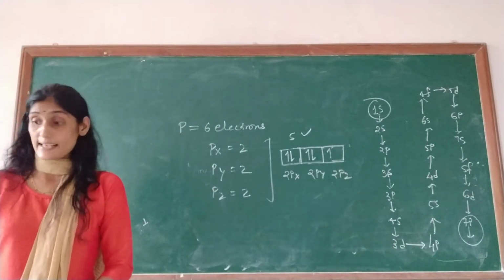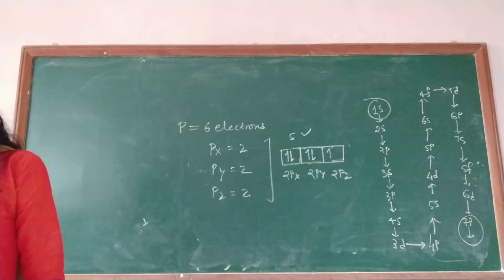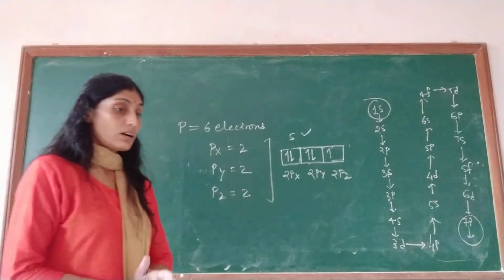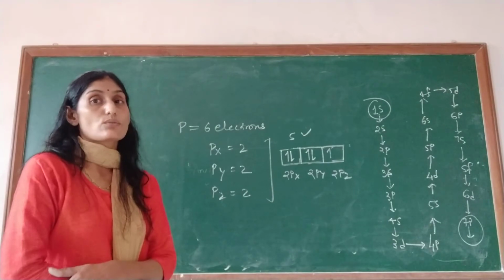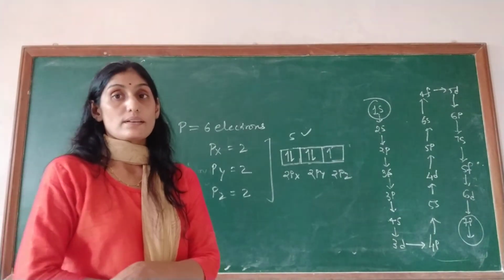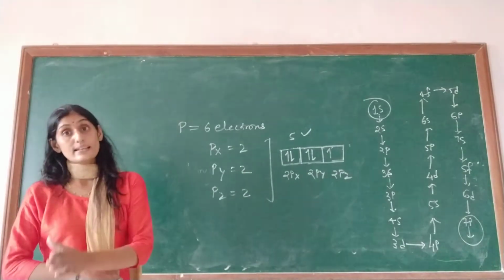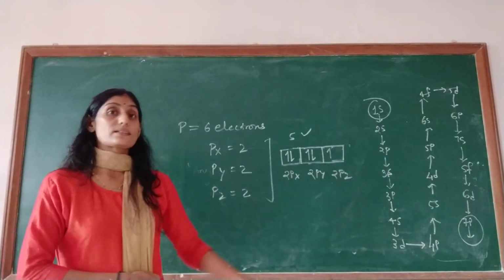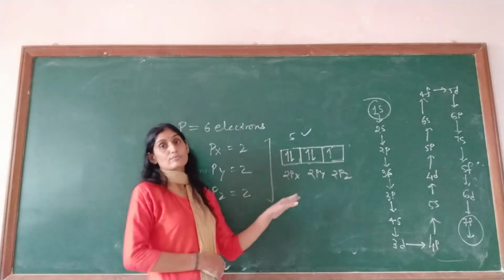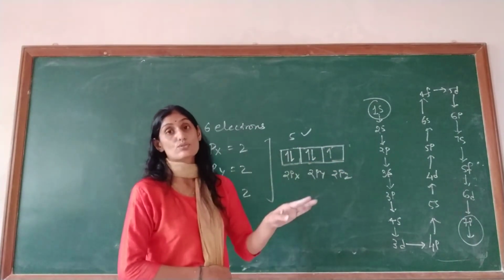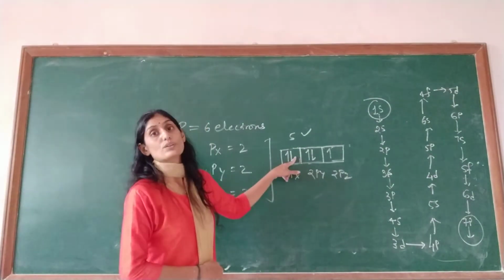Then what Pauli has said is that only 2 electrons are going to be accommodated in an orbital, with opposite spin. But whenever it is about the suborbitals, Hund has said that they accommodate one electron each, and then the remaining electrons are accommodated with different spin, in the opposite direction.